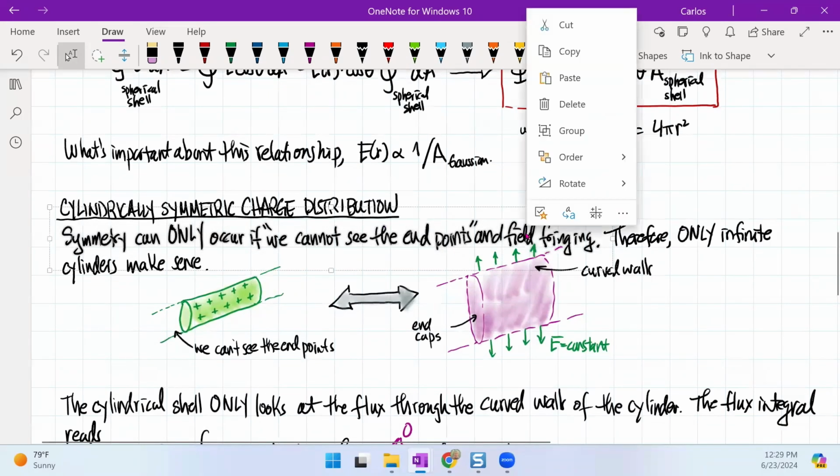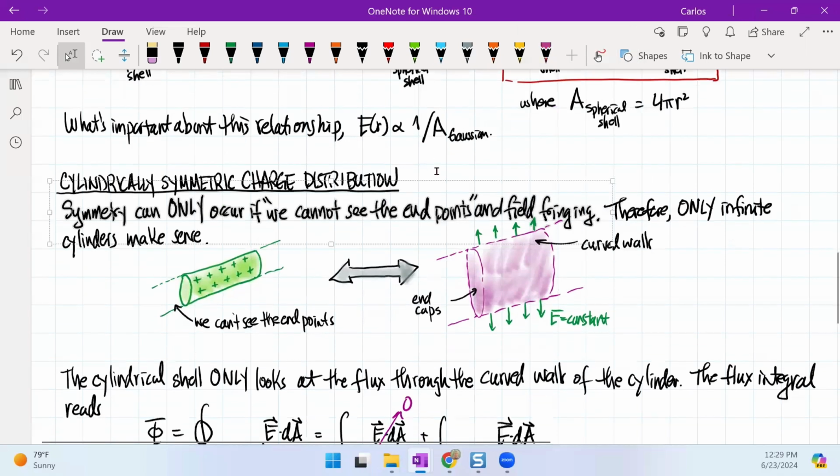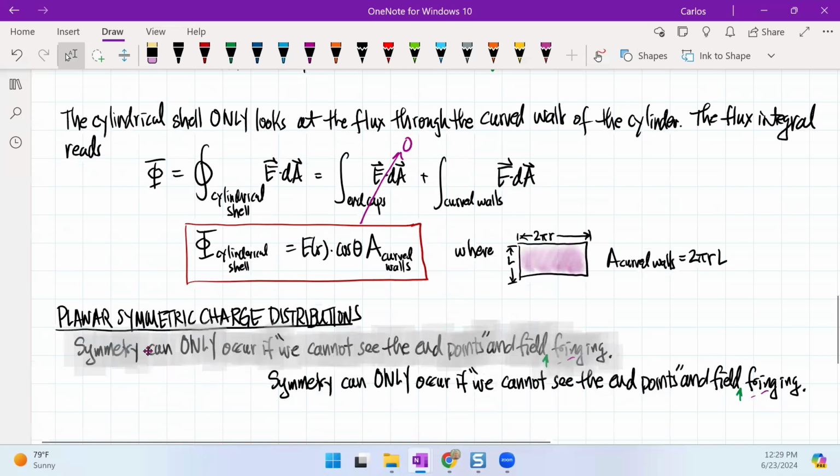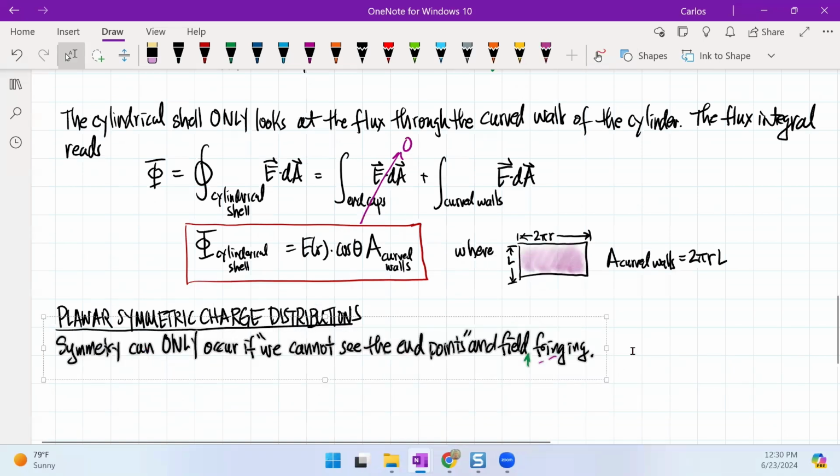So let me copy this. Let's see if it copies right this time. And it does. Symmetry can only occur if there's no fringing.